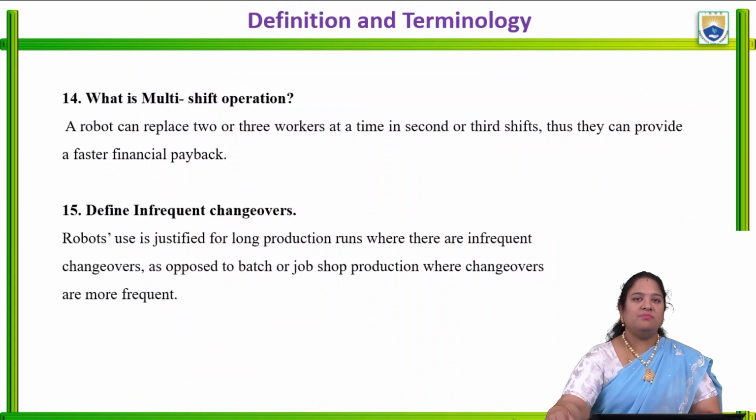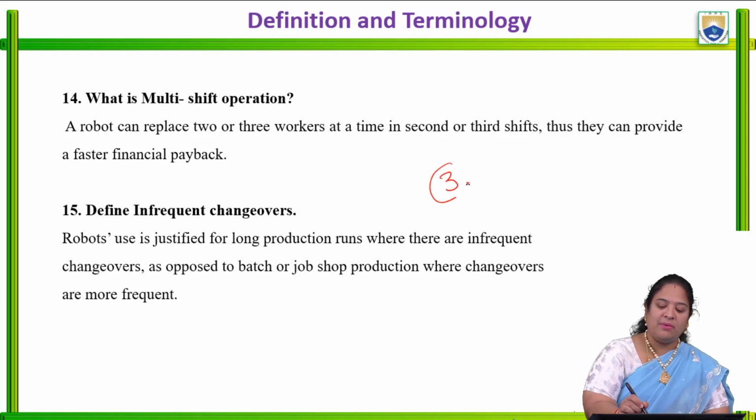Next, what is multi-shift operation? Multi-shift operation means that the robot has to shift from one sequence of order to another, or from the second to the third. The robot is a very good example for a multi-shift operation. That is, a robot can replace 2 or 3 workers at a time.